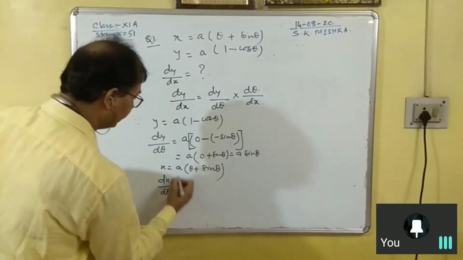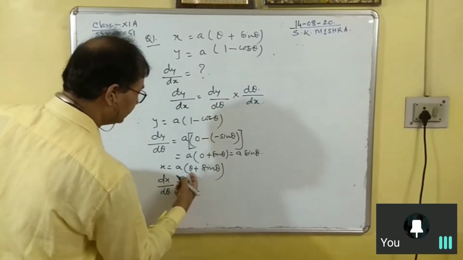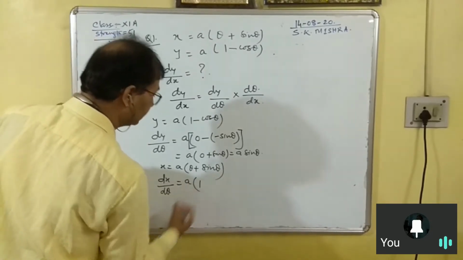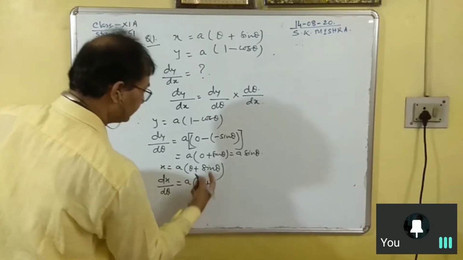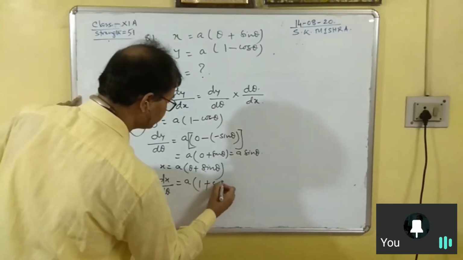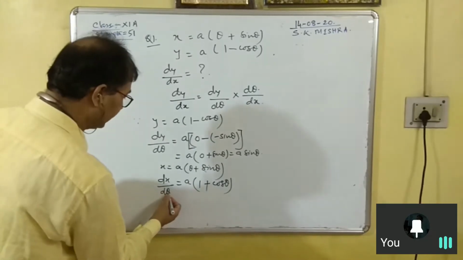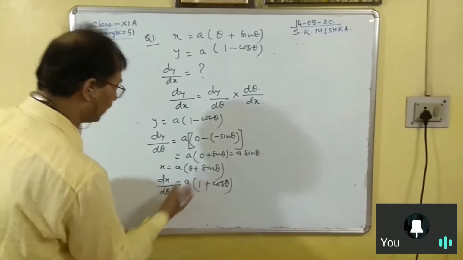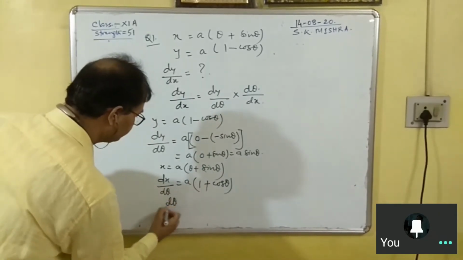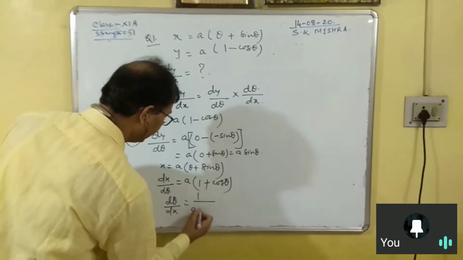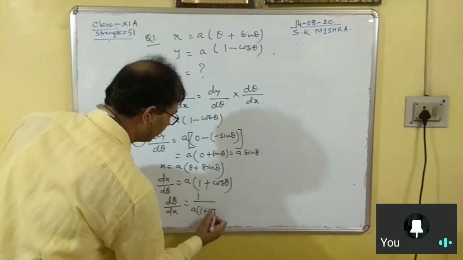So again a constant, and then differentiate theta plus sin theta. Differentiation of theta alone is 1 plus differentiation of sin theta is simply cos theta. So if you want to find d theta by dx, then take the reciprocal. So d theta by dx is 1 by a(1 plus cos theta).